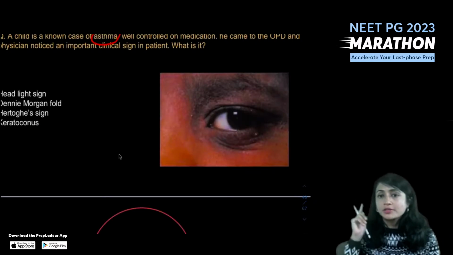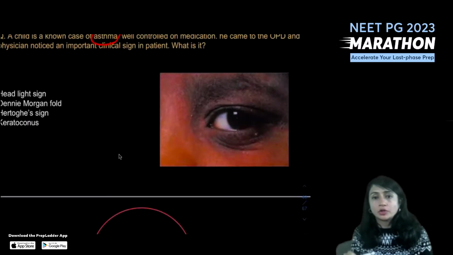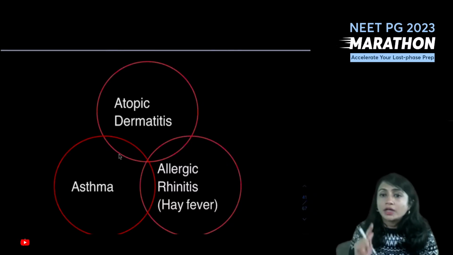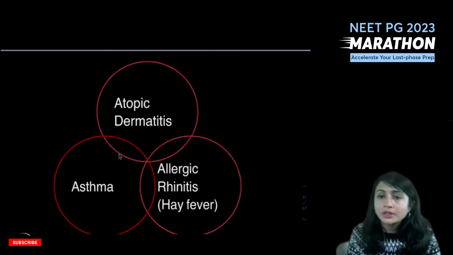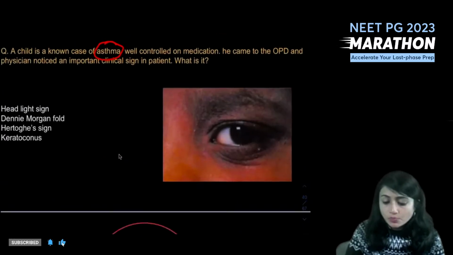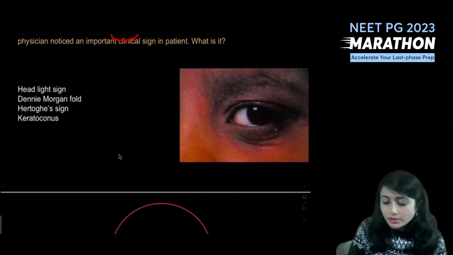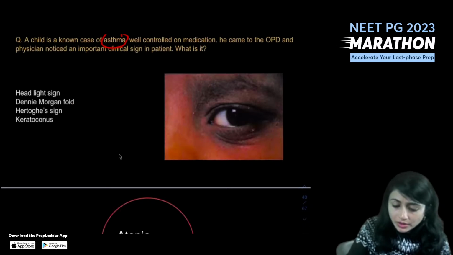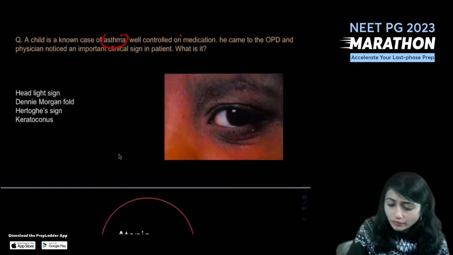If the question is referring to asthma in dermatology, they are talking about this atopic triad, where a patient can have atopic dermatitis, asthma, or hay fever, or any of these. So it is pointing towards a possibility of atopic dermatitis in the patient.